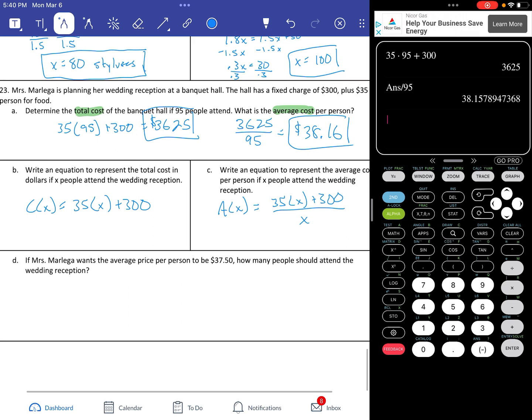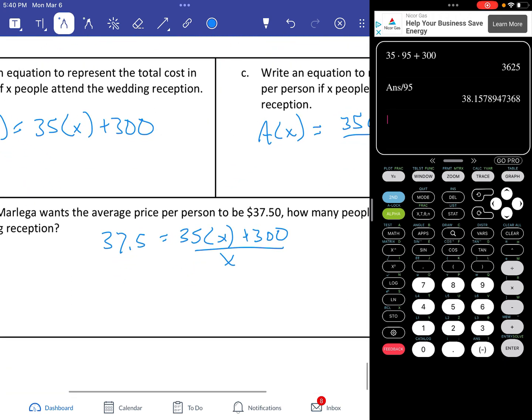And then lastly, if Miss Marlega wants average price per person to be $37.50, how many people should attend the wedding reception? So you're going to take that number and put it in for A of x. So it's going to be 37.5 equals 35 times x plus 300 divided by x. The left side is missing an x.